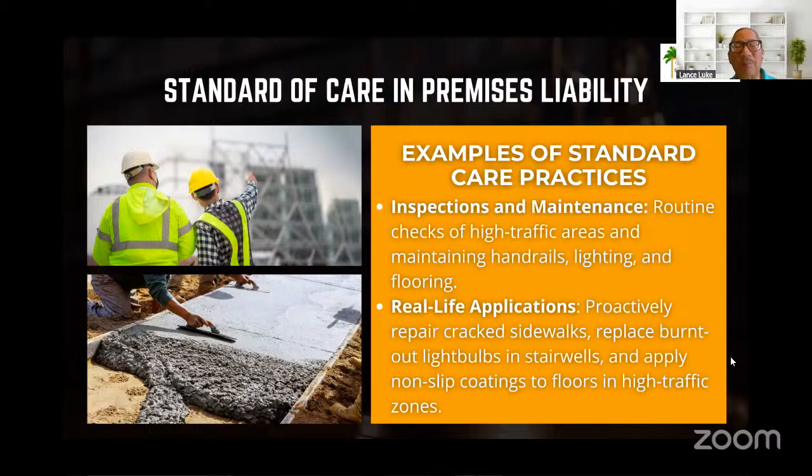Well, you got inspection and maintenance. Somebody should be inspecting, maintaining, check your high traffic areas, check your hand railing, your lighting, your flooring, your decking. Where there's high traffic, you want to make sure that everything's clean. There's no slippery areas where people can get hurt.